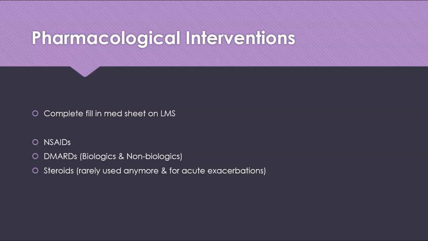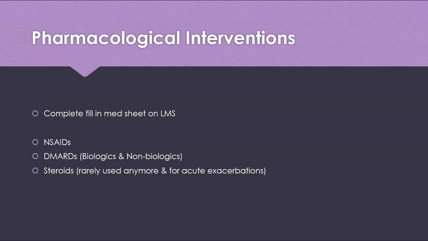Some common examples of biologics are etanercept, which is Enbrel, adalimumab, which is Humira. Both of those are given subcutaneously, so teaching a patient how to self-administer them. Infliximab, which is Remicade.